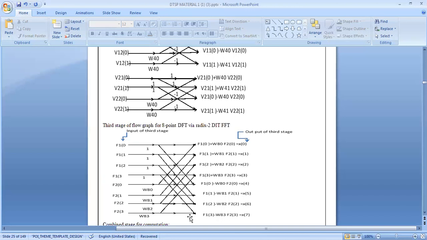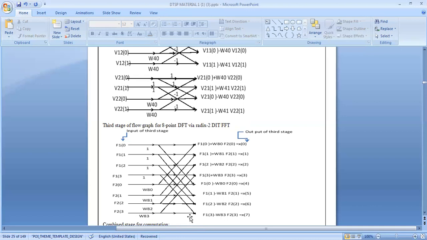And we know what is the first product. So we have to make an addition. So the first addition will be F1 of 0 plus W8 of 0, the complex factor, multiplied into F2 of 0. So the output of the stage will be given as X of 0. Okay. The next stage, what you'll be doing? F1 of 1 plus W8 to the power of 1 into F2 of 1, which is equivalent to X of 1.